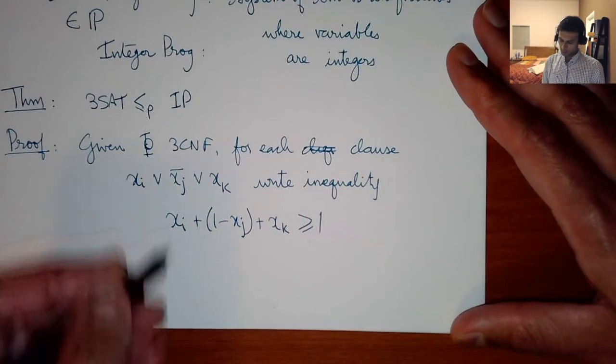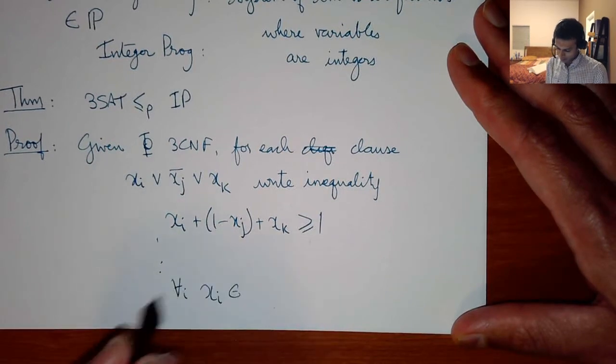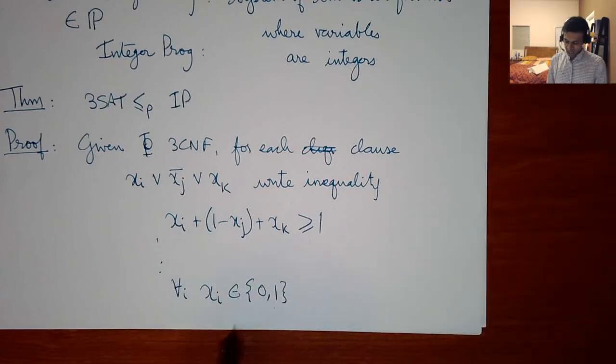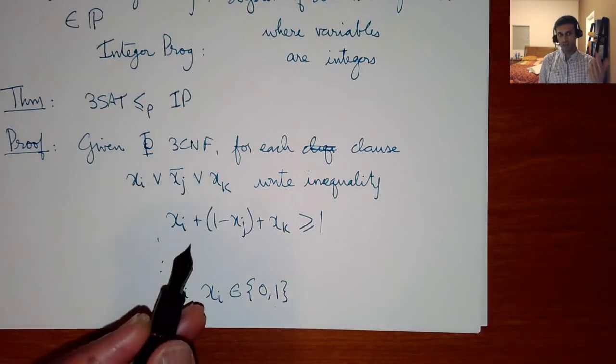Right? So write down all of these inequalities and then just say that for all i, xi has to be in 0 or 1. So this is just saying that you're taking the truth value and you're replacing the OR condition by just an addition.